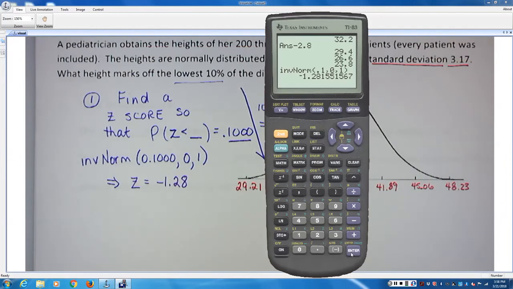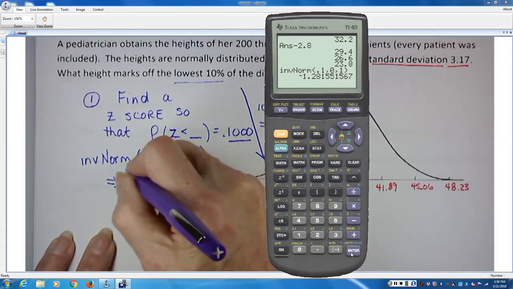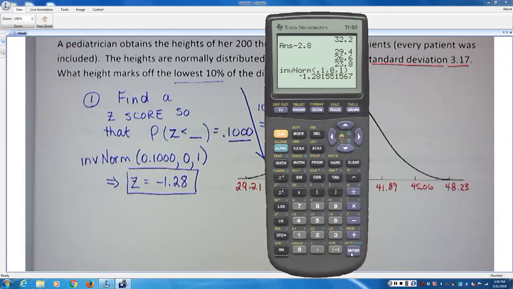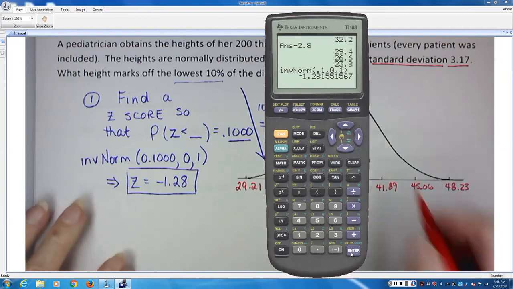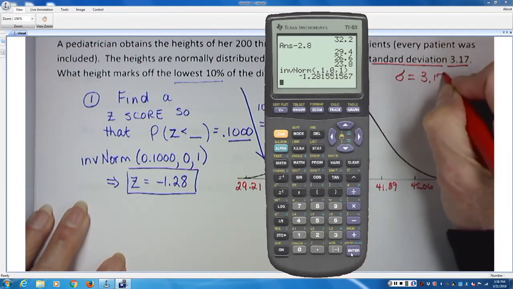And if we round that off to 2 decimal places, then that's just negative 1.28. And then we also know that sigma is 3.17.